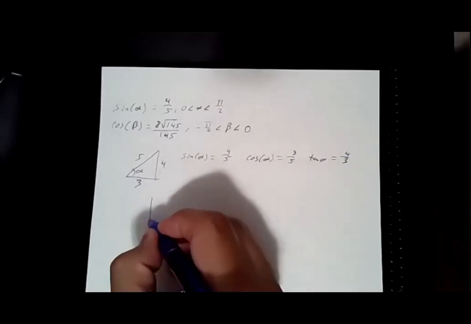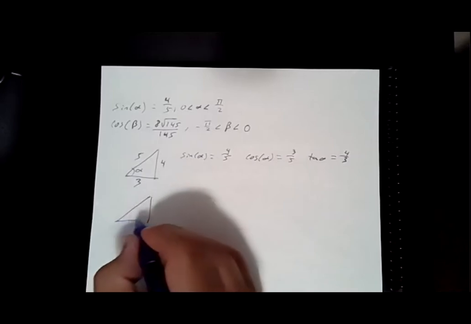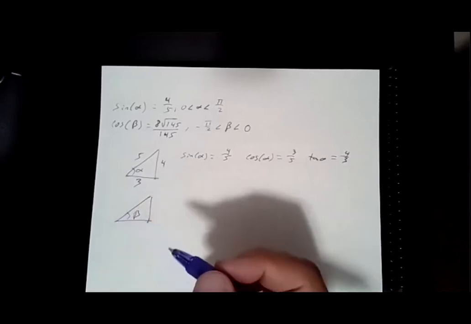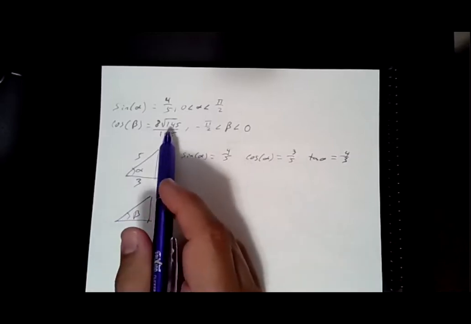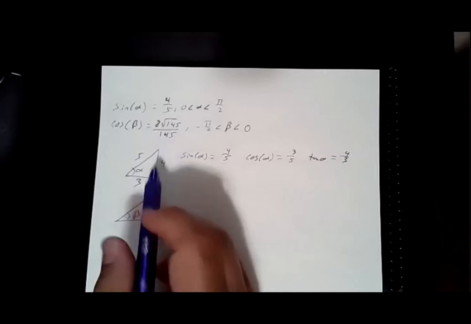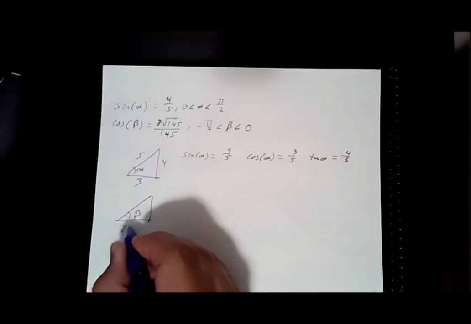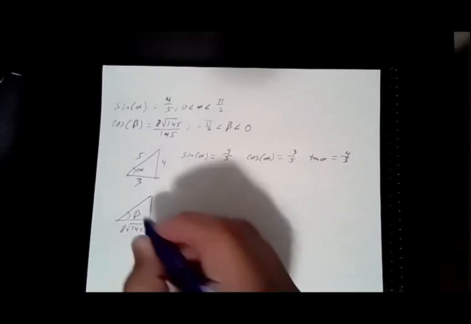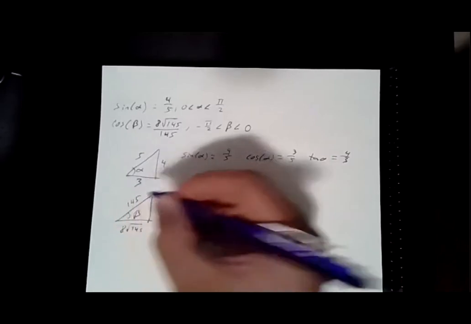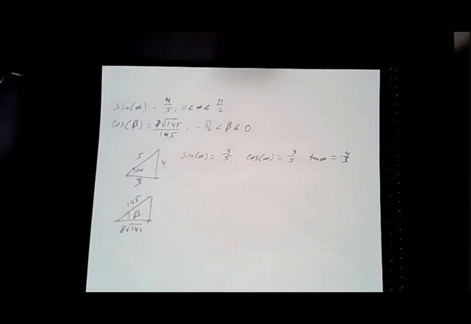Now let's find the pieces for beta. That'll be some nasty numbers, but oh well. Adjacent side, hypotenuse. Find the missing side.